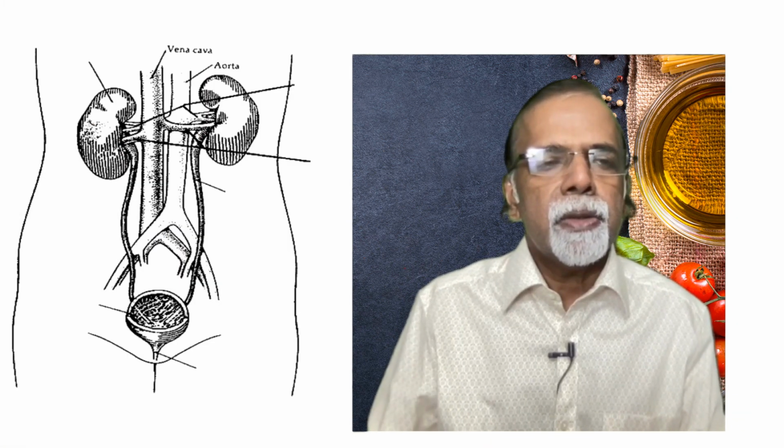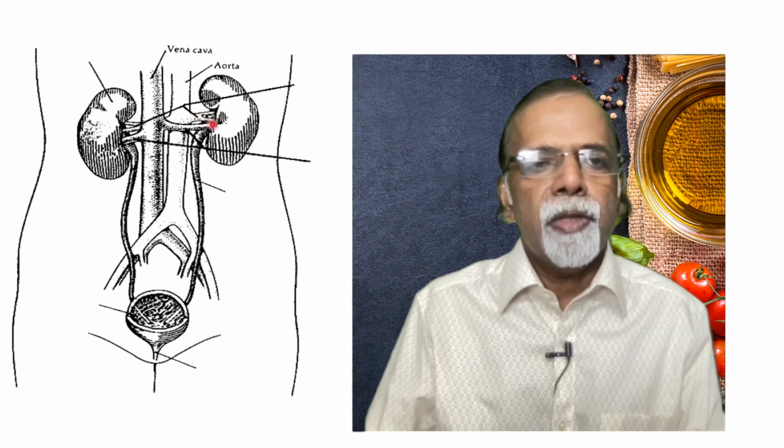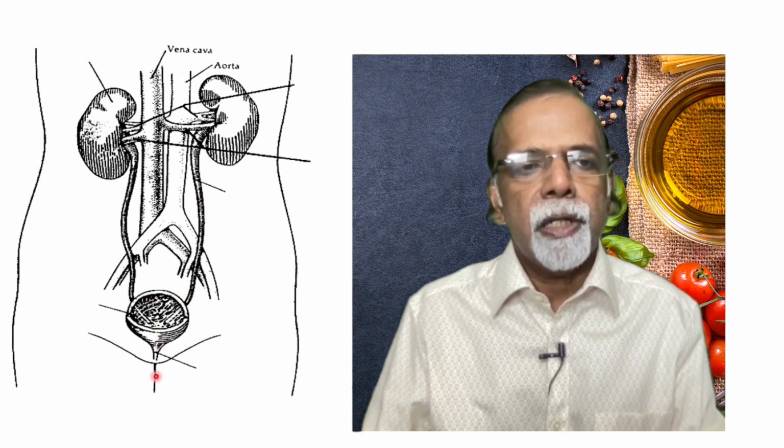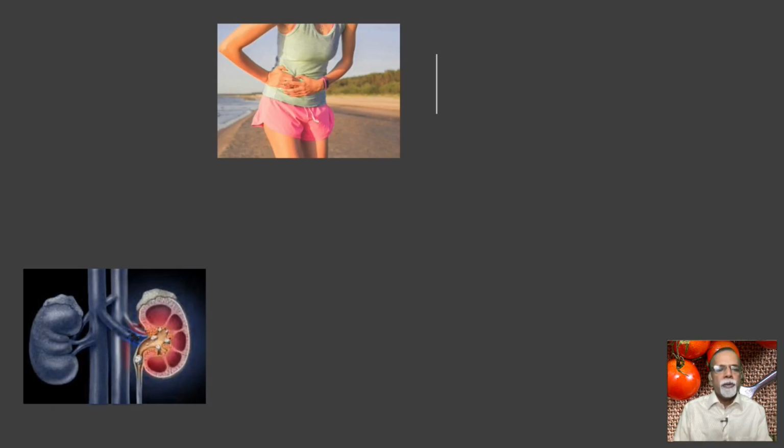And this shows the urinary system: the kidney, the vessels, the ureter, the bladder and finally the urethra. Two important diseases we should remember. One is the renal stone, also called nephrolithiasis.